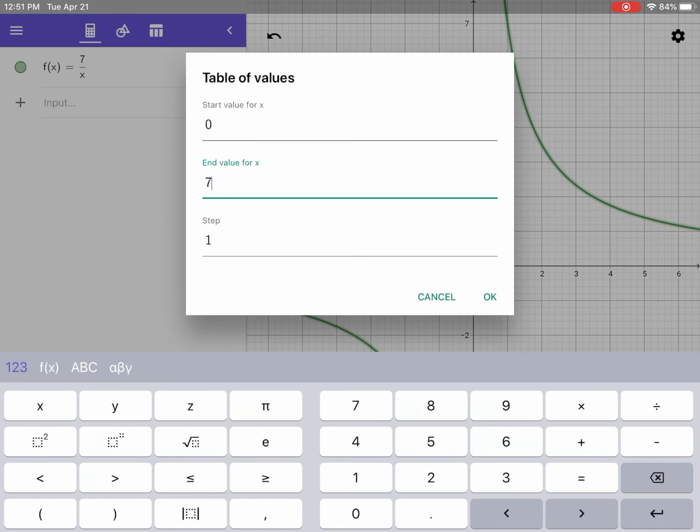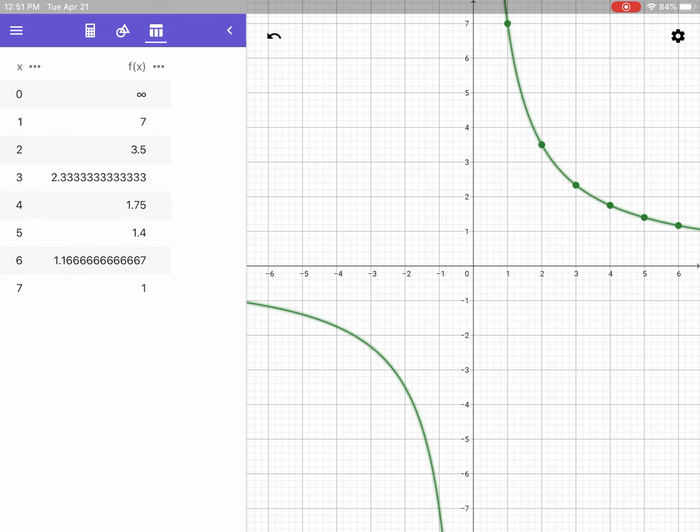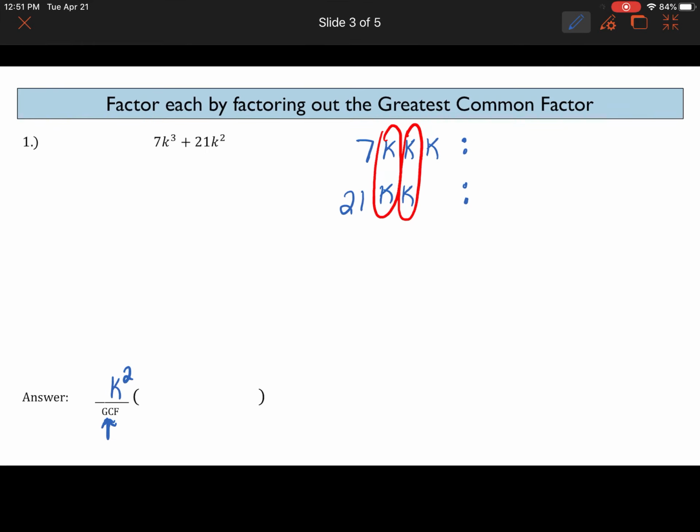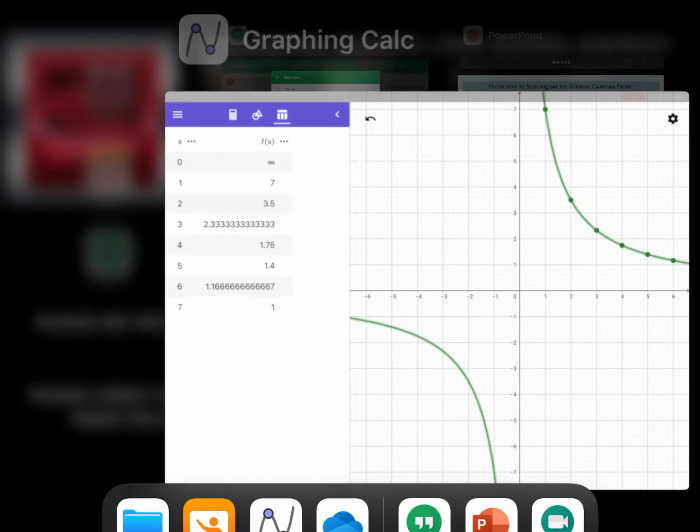So 7, 0 to 7. And I look for all my whole numbers. So 1 and 7, and 7 and 1. Same thing. There's only 2 factors of 7. So 1 and 7. Here, I'll do this in a different color. 1 and 7.